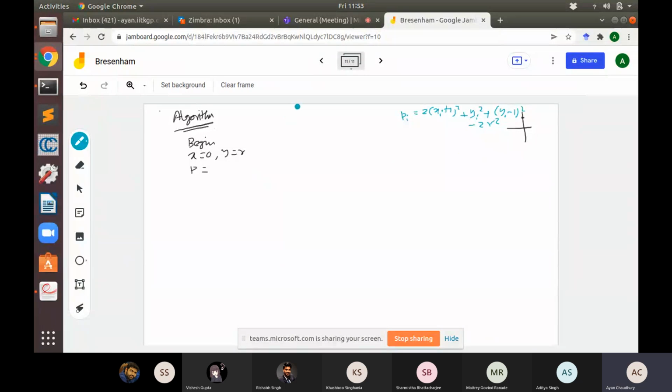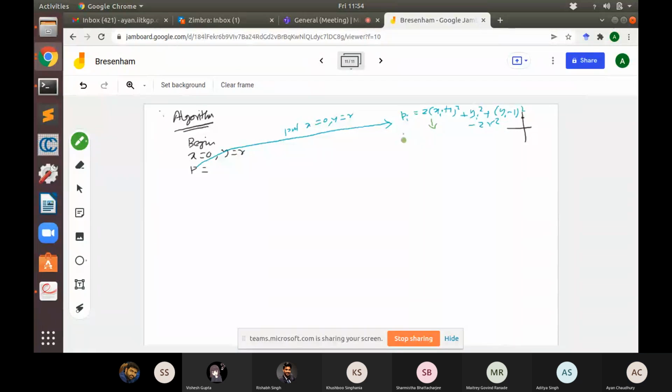Okay, so for the case of p, what we have to do is put x is equal to 0 and y is equal to r in this equation to get the first case, right? So then what will happen?